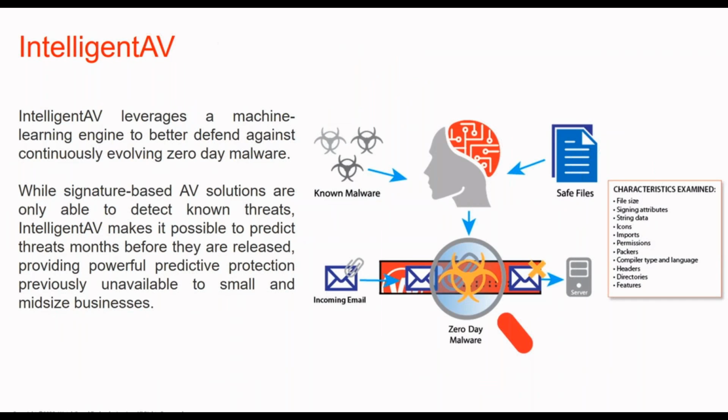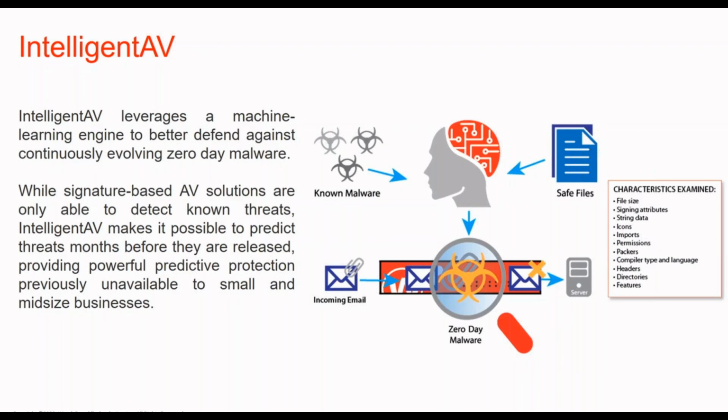Intelligent antivirus is a second layer of antivirus scanning that's available after the first one, which is signature based, that we said is powered by Bitdefender. What's the difference?